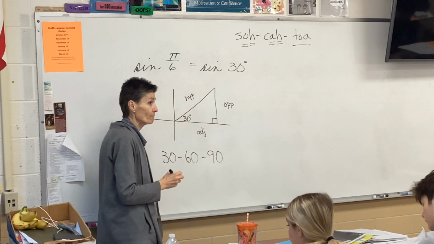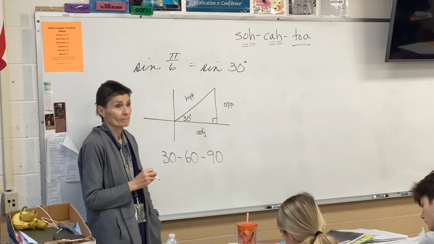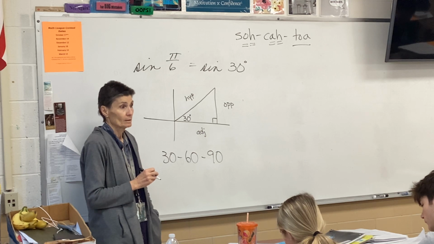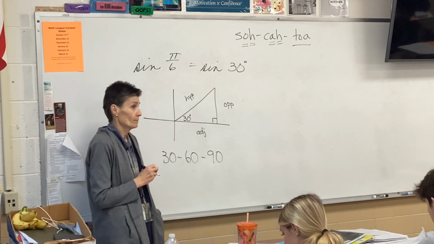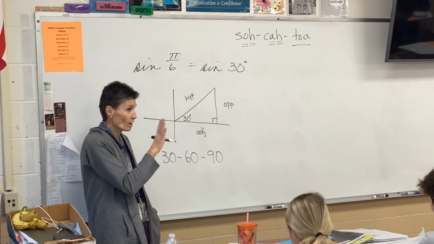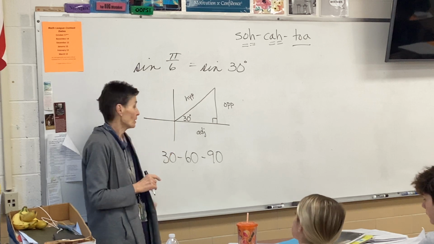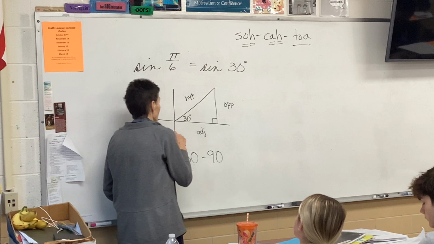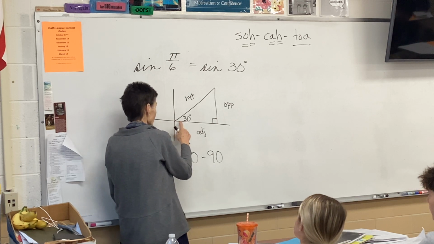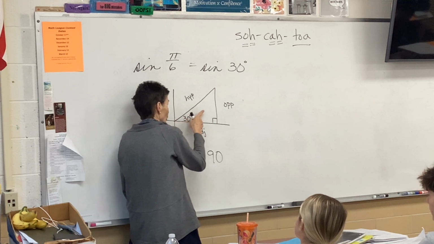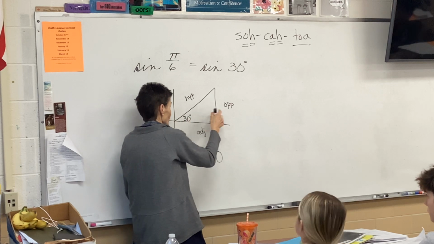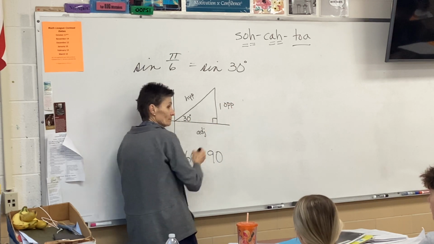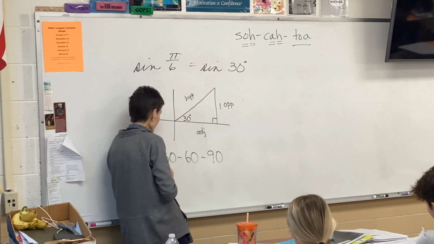They never change. If your triangle is 30, 60, 90, the ratios will always be the same. Across from the 30 will be 1. Every time.